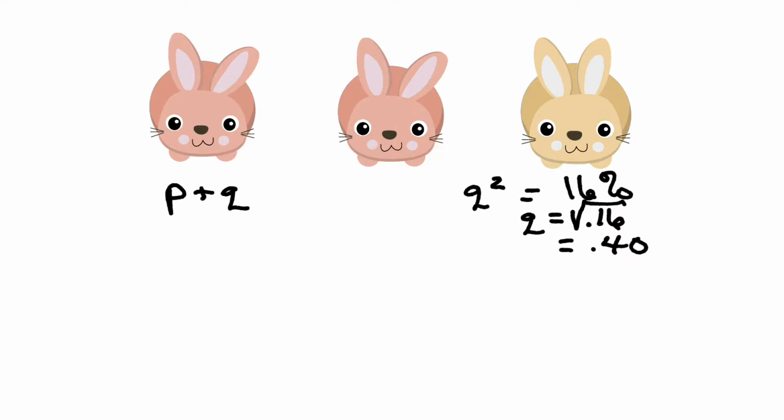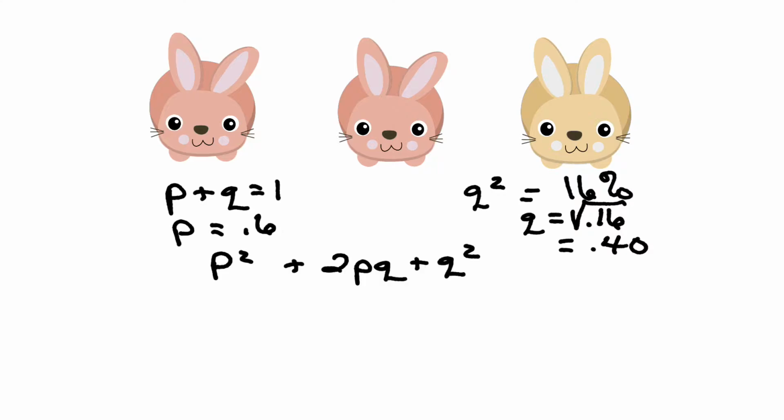P plus Q equals 1. What plus 0.4 is going to give us 1? P is going to be 0.6. So you can just do that part in your head. And then we want to plug it into our expanded formula. Okay, so here we go.